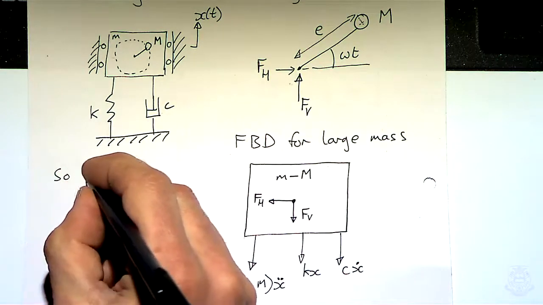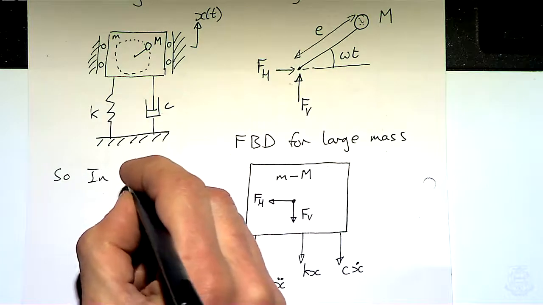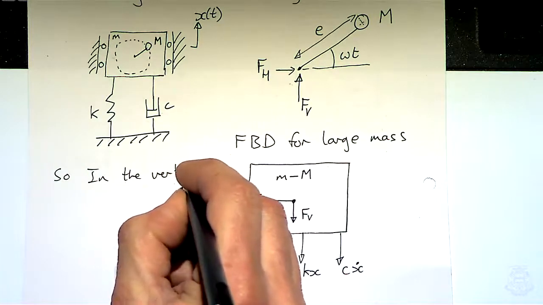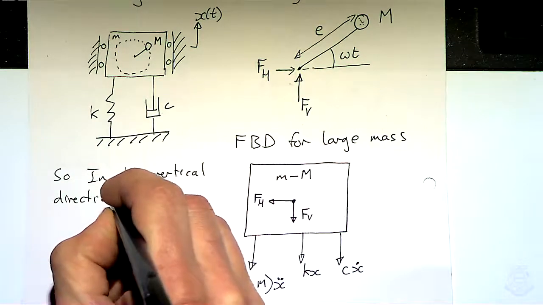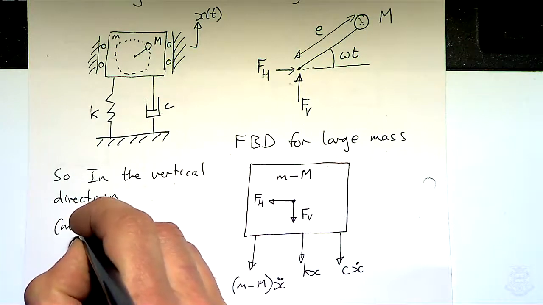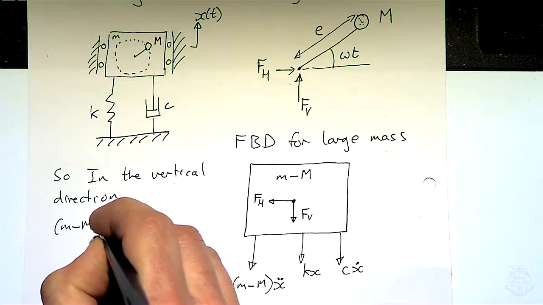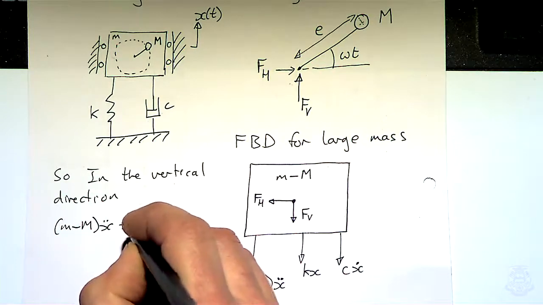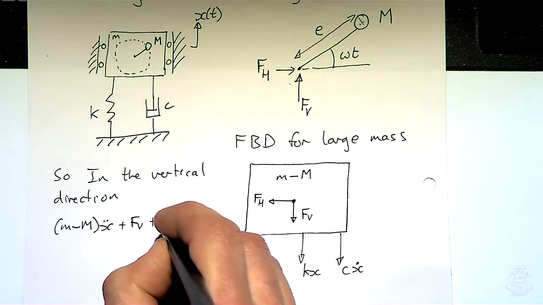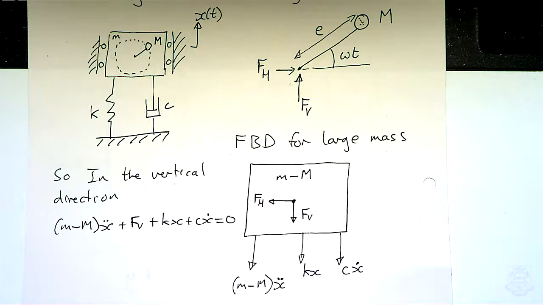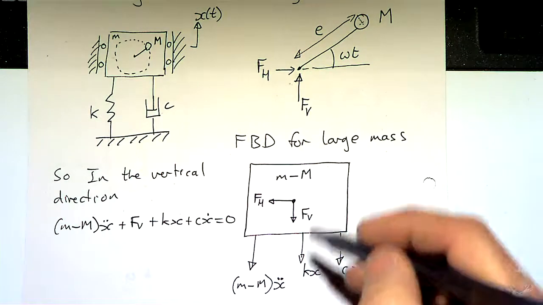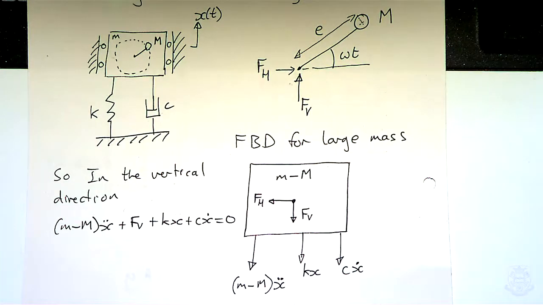So in the vertical direction, we've got m minus big M x double dot plus Fv plus kx plus c x dot equals 0. That's just taking vertical equilibrium of the big part of this mass.